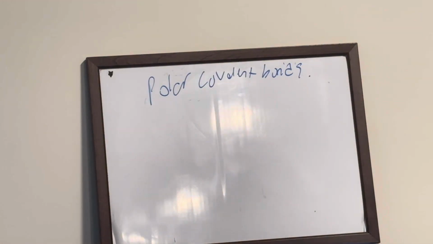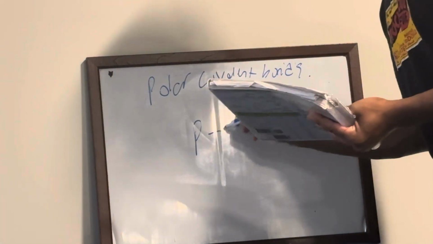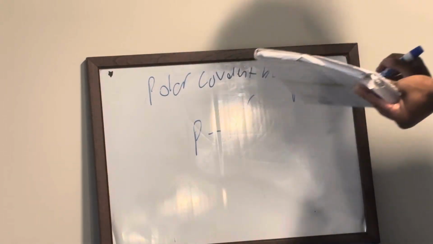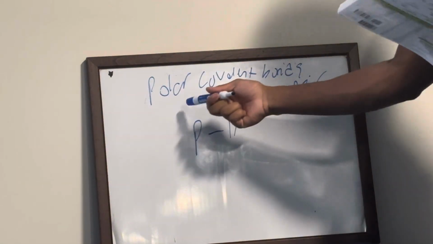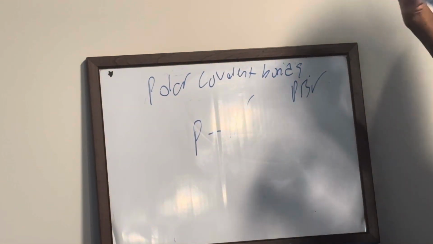So let me see which one it's in. Br and P. This is a polar covalent bond. Polar meaning they're not sharing equally.